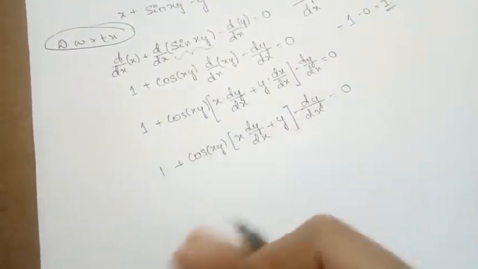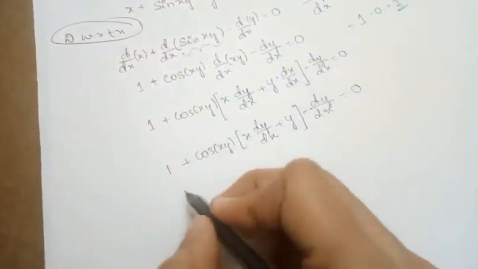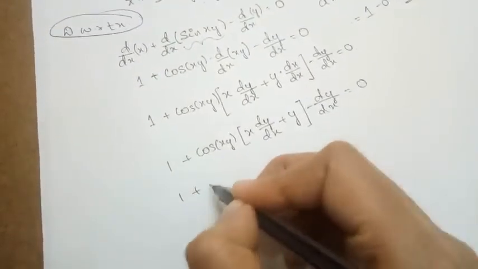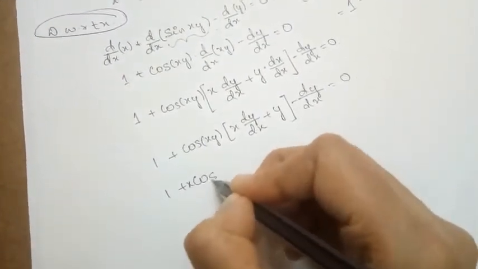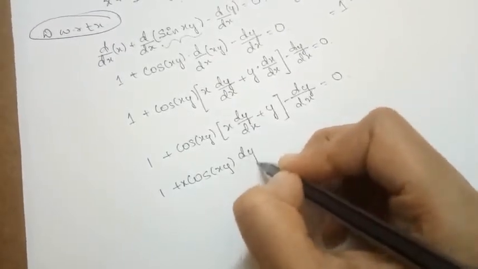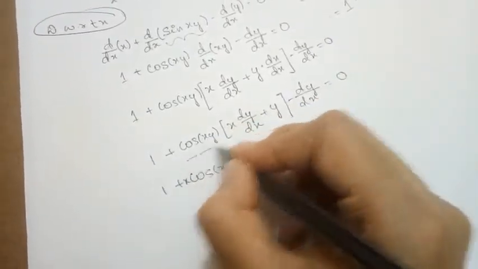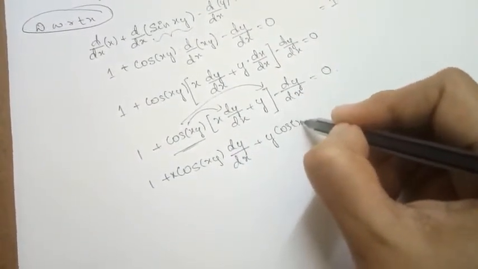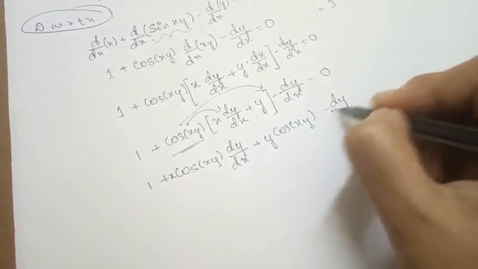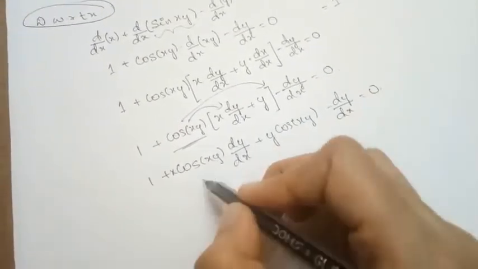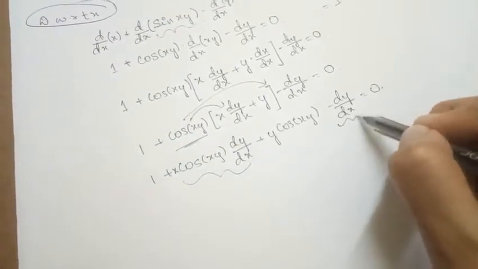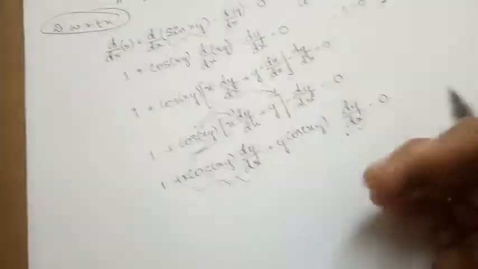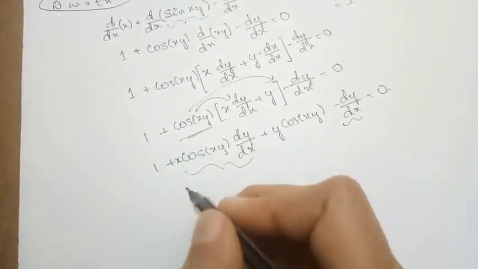So you can keep this as it is, saying that this is the derivative of the given function, or you can rearrange in this manner, that is 1 plus cos xy multiplied to both the terms, x dy by dx plus y, minus dy by dx is equal to 0. So from this, keeping these two terms here, move the rest of the things to the other side.